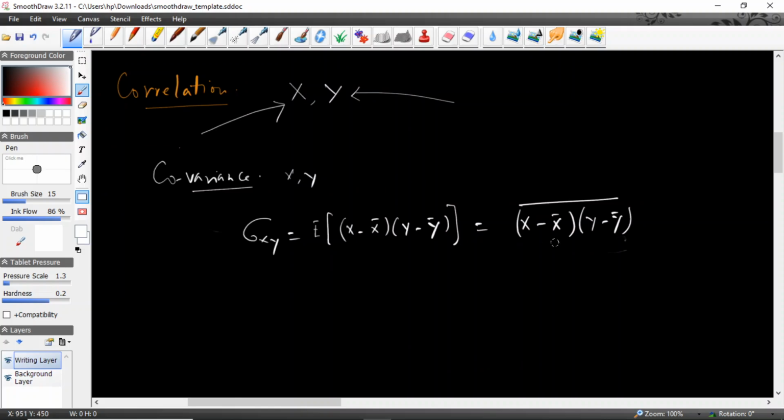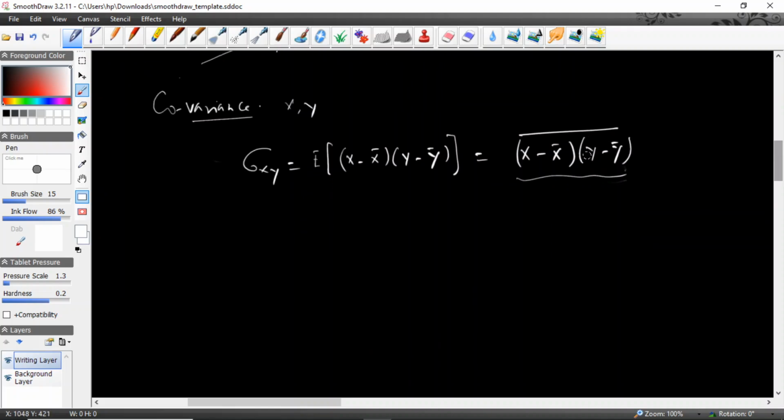Okay, so if you look at this equation, we call it the covariance between x and y. And definitely it is a natural extension of the variance.